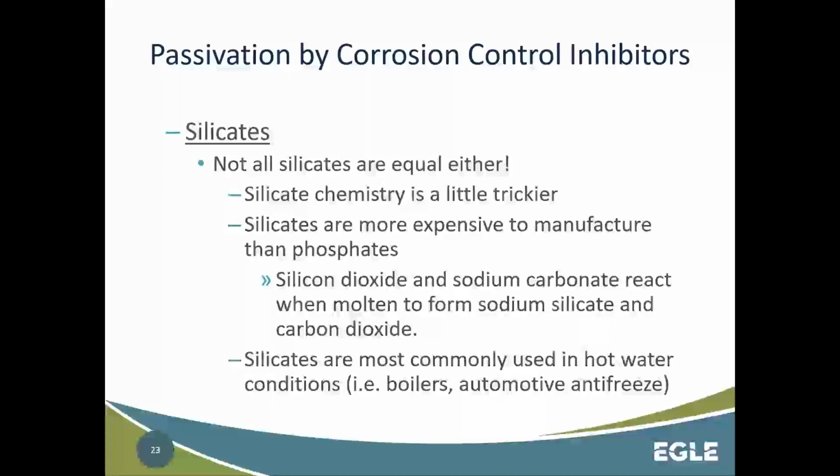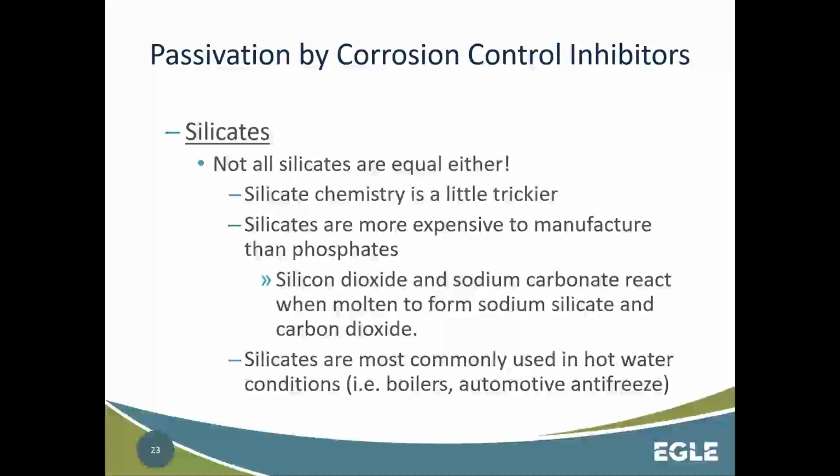Silicates are also not created equal. They're fairly complex, and the chemistry is definitely trickier. They're typically more expensive to manufacture, which is why we typically don't see them. They're also not always as effective, and it's very specific; they can be used in specific scenarios for that water chemistry. Part of the reason they're expensive is this bullet point here: silicon dioxide and sodium carbonate react when molten to form sodium silicate and carbon dioxide.